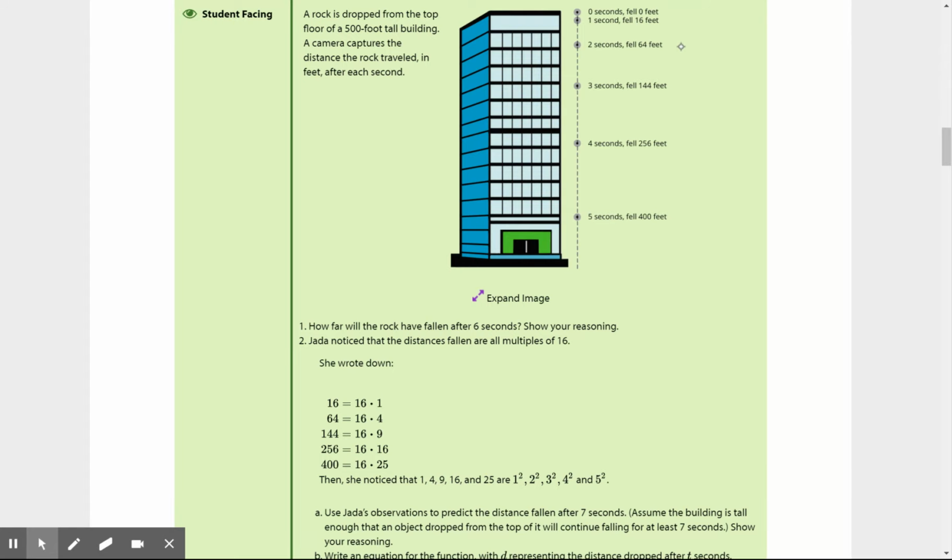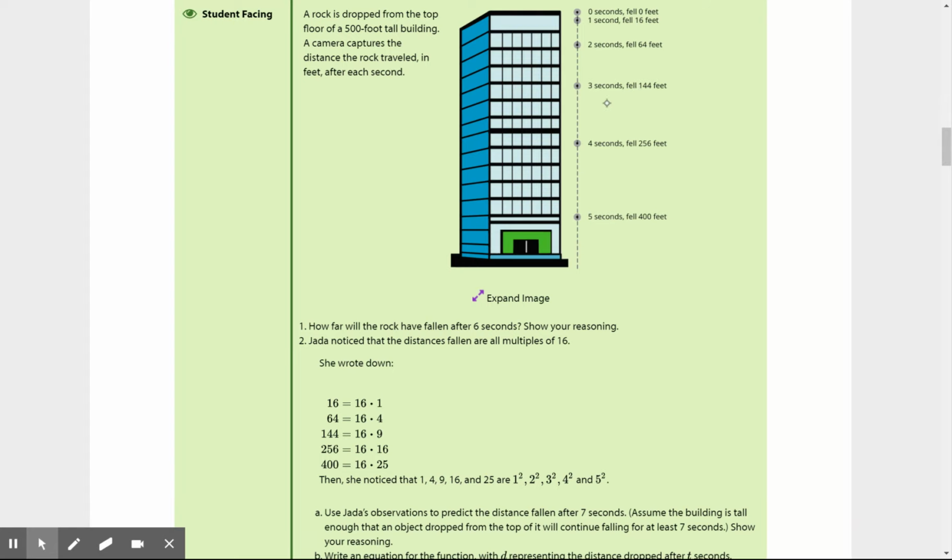If I do 64 minus 16 to see how much the rock dropped between seconds 1 and 2, I see that it fell 48 feet. If I want to see what happened between the second and the third second, I subtract 64 from 144, and I see that in between these two, it has fallen 80.